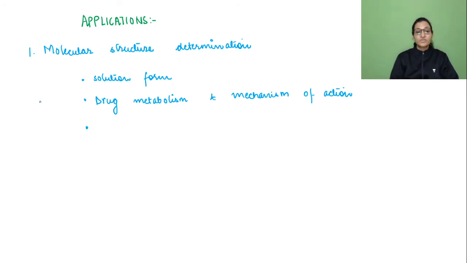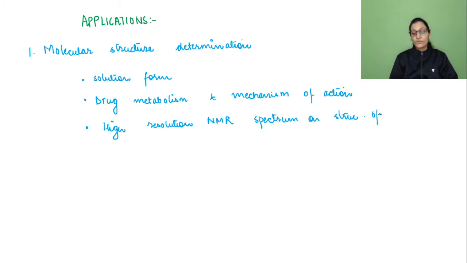So high resolution NMR spectrum on the structure of various things such as interleukins, plastocyanin, etc.